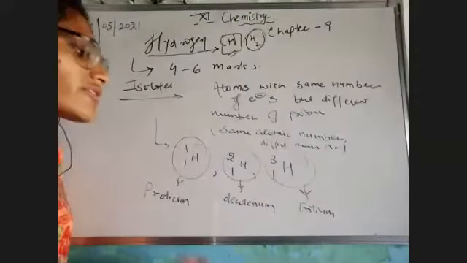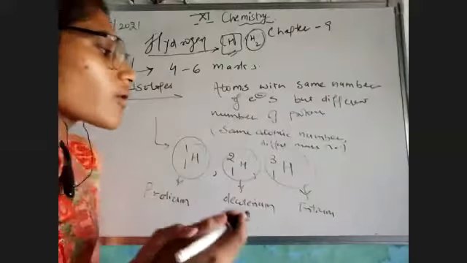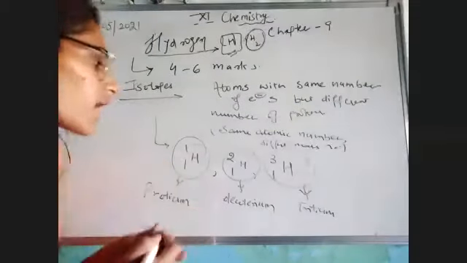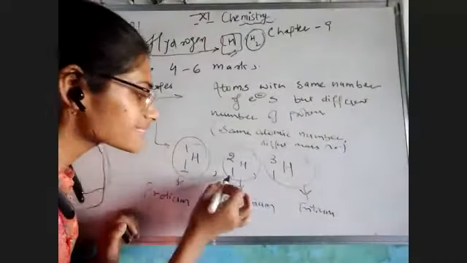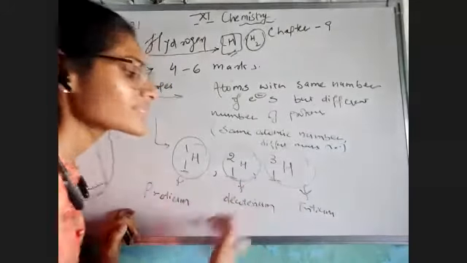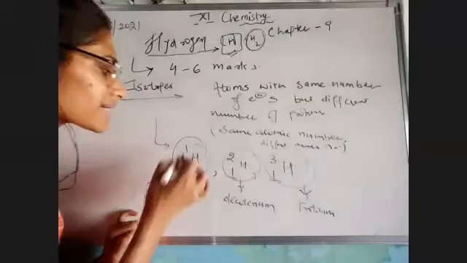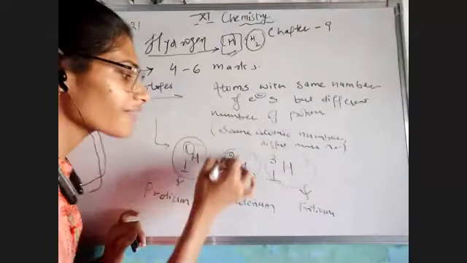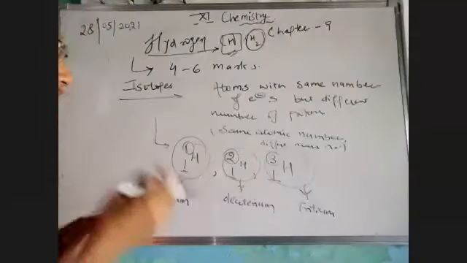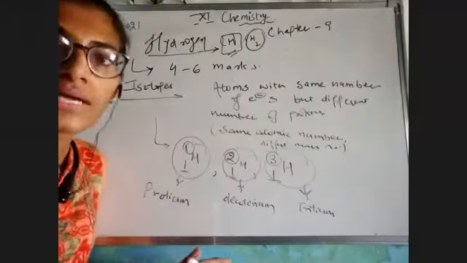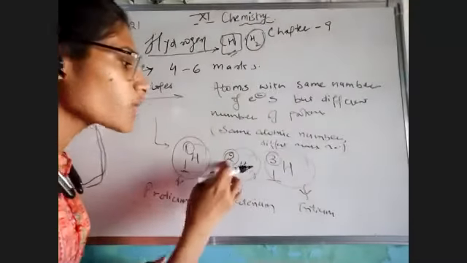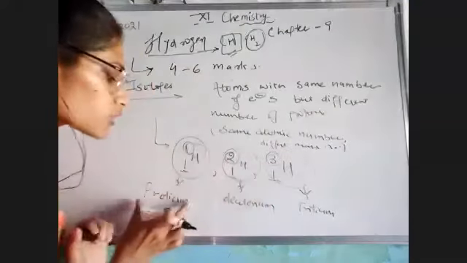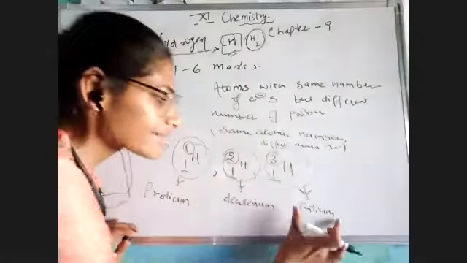Protium, deuterium, and tritium. Now, if we go along with the definition, hydrogen here is with the same number of electrons or the same atomic number, but their mass number is changing every time, 1, 2, 3. So we have named them that there are 3 different isotopes, 1 hydrogen, 2 hydrogen, and 3 hydrogen, known to be protium, deuterium, and tritium.